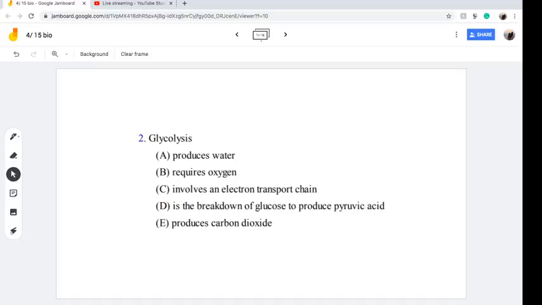So we talked about the meaning behind the word glycolysis. Glyco means sugar, and lysis means to break down. So if you combine these two words together, it means breaking down sugar.